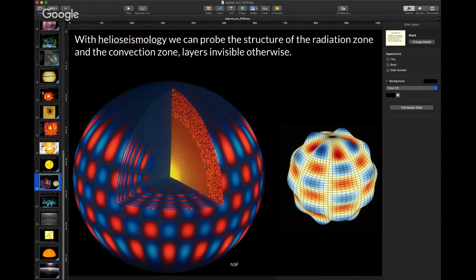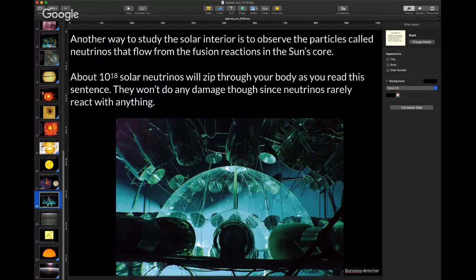You can set up this pattern of resonant waves within the sun, so the sun sort of oscillates, as you can see on the bottom there, between the red and the blue, and you can measure these oscillations through the light output. So this is one way that we can probe the interior of the sun, the outer layers, the radiation zone, the convection zone.